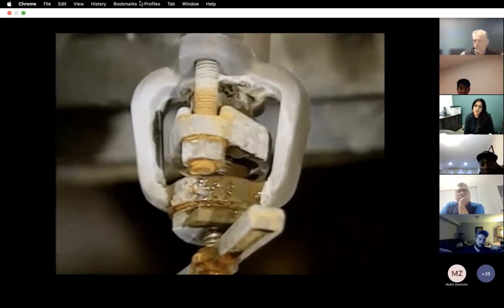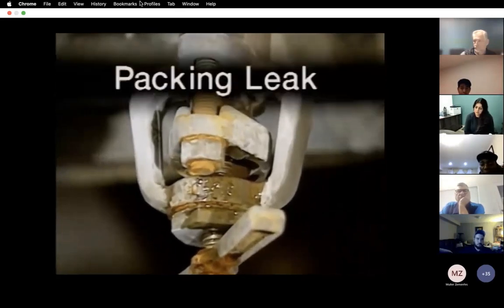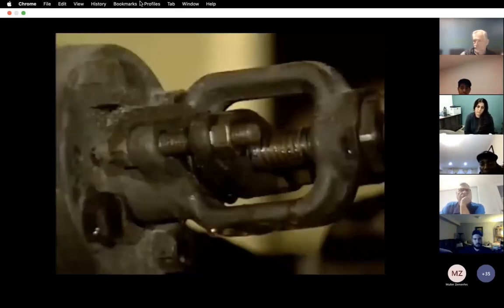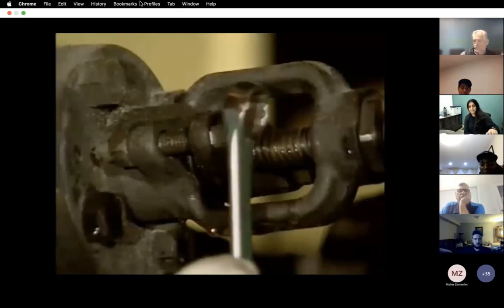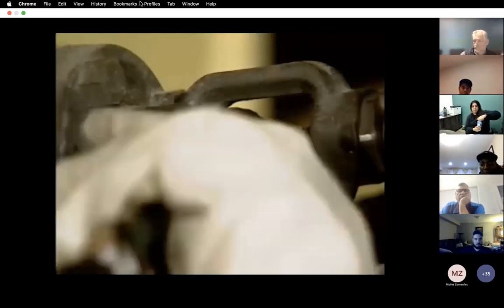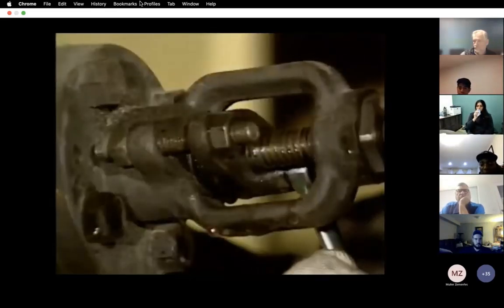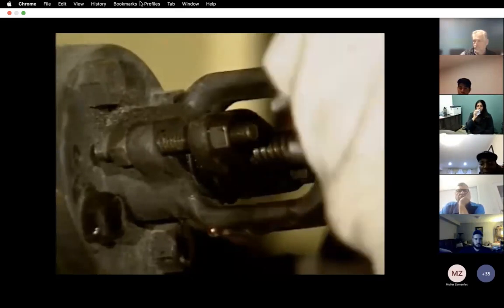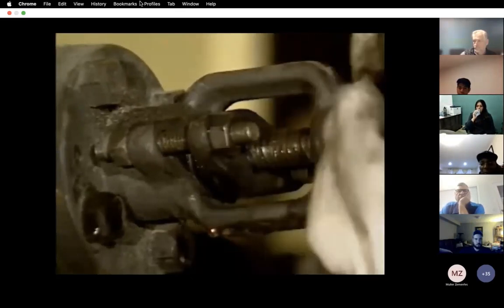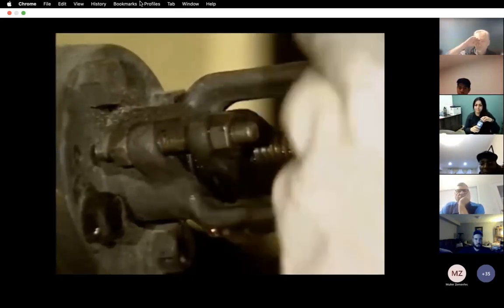This type of leak is commonly referred to as a packing leak. In most valves, the packing can be adjusted to stop minor packing leaks. Packing is adjusted by alternately tightening the packing gland nuts, usually a quarter turn each at a time. This ensures that the packing gland doesn't become cocked in the stuffing box as the gland nuts are tightened.